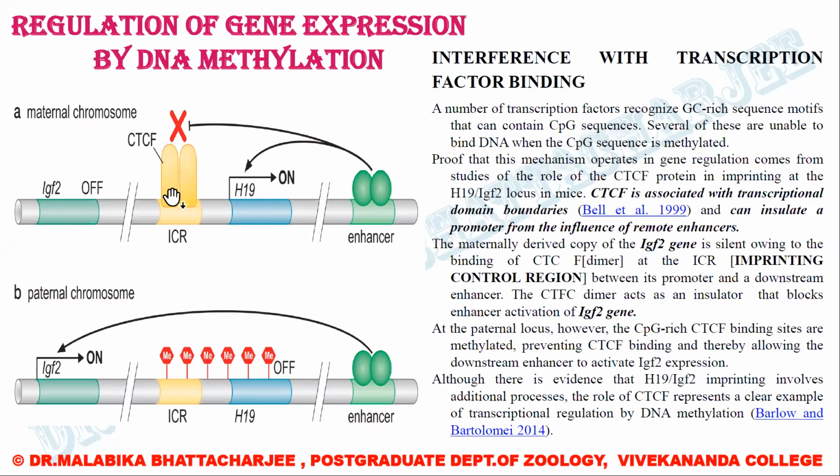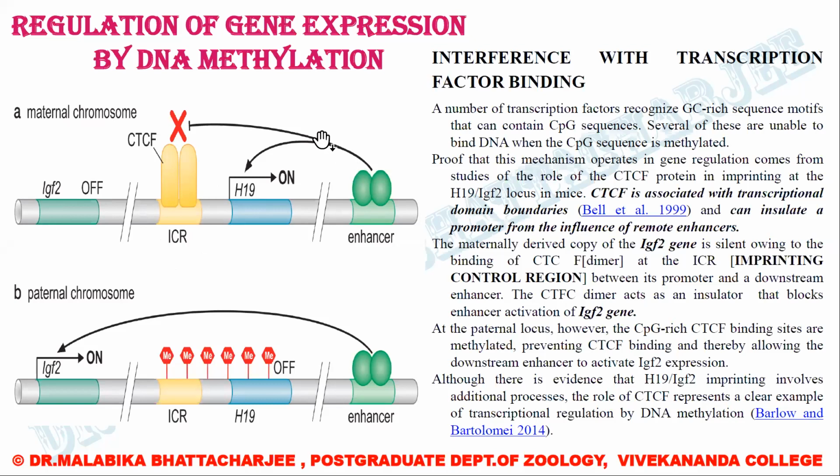Now, in case of females, I said that in the imprinting control region, this molecule has got itself bonded. As a result of which, the enhancer molecule, the regulatory elements, the proteins at the enhancer region bind, and they control the gene which is sitting adjacent to it.